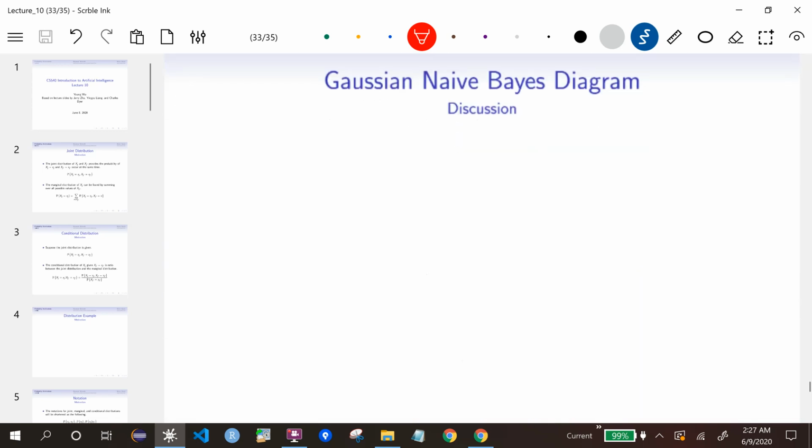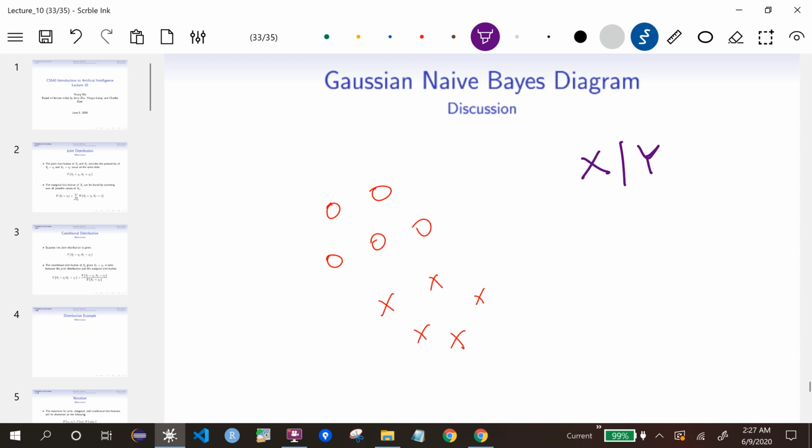Okay, so let me actually give you an example. I remember I did this before, but let me repeat it. So we have some, say, cats and dogs, and what we're estimating is, given the label, what is the distribution of the x.